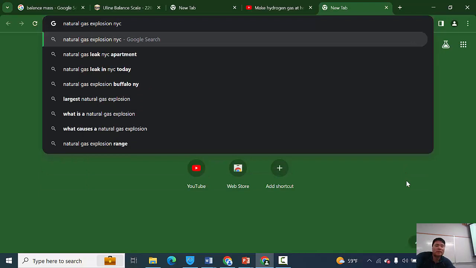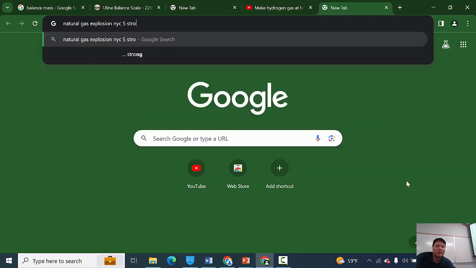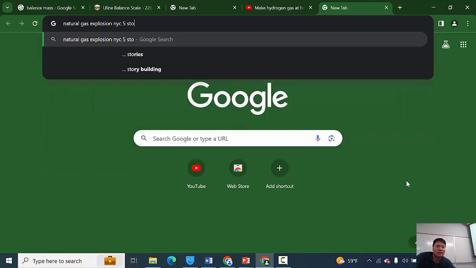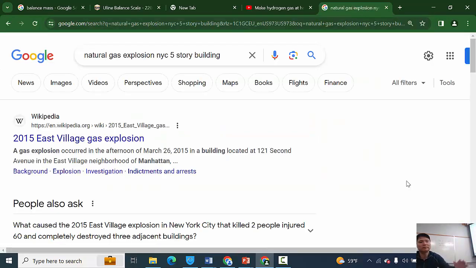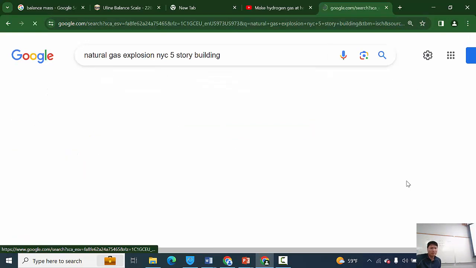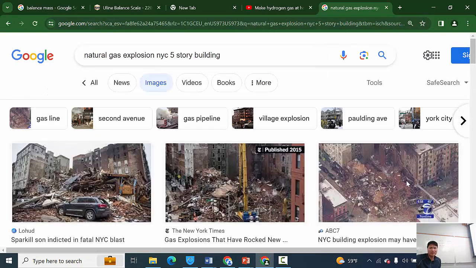NYC was one that was recent, it was a 5-story building. Let's see if I can see it. Do you see this one? Yeah. It's a natural gas explosion. This used to be a 5-story apartment building in New York City.